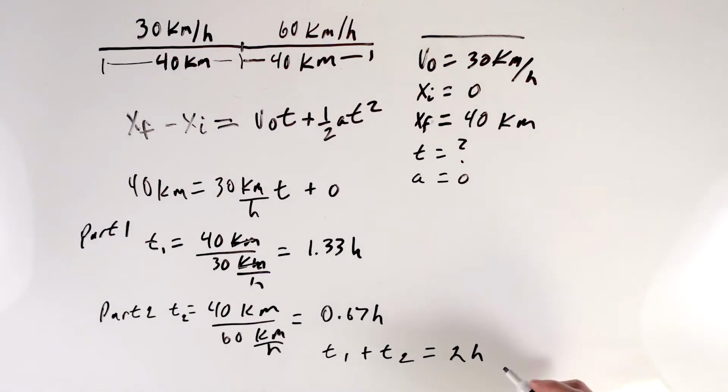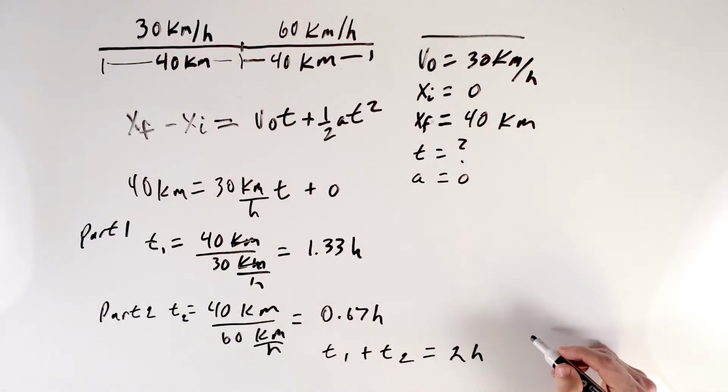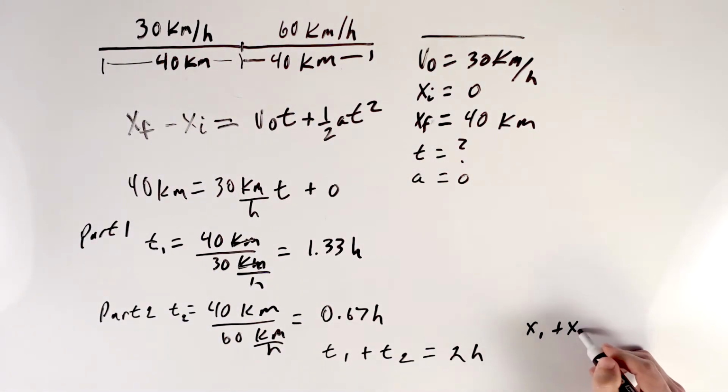Then to get the average velocity, we're just doing the total trip, basically x1 plus x2, and we are dividing that by the total time, the change in time, which is 2 hours. So we'll say T1 plus T2. So this is still in there.